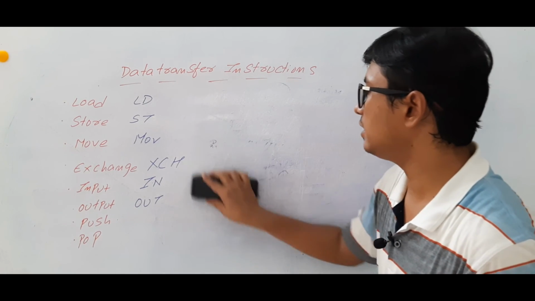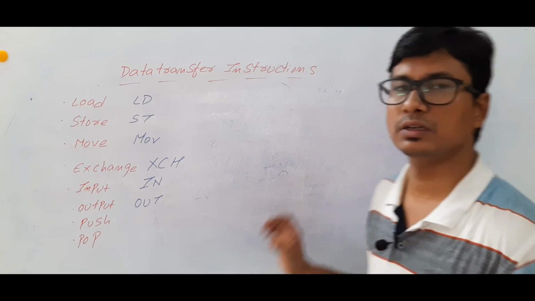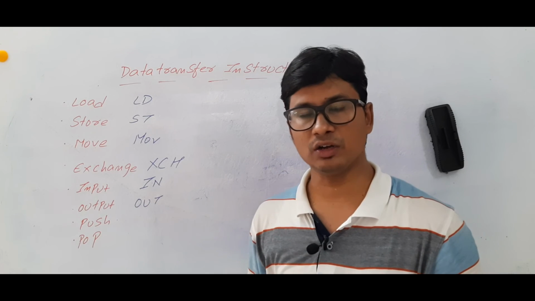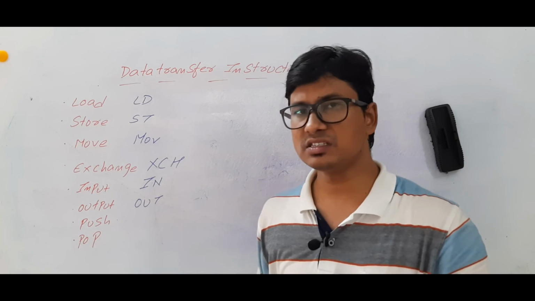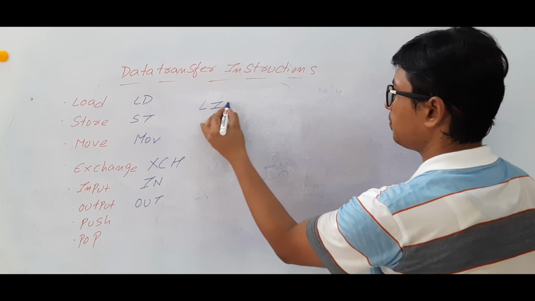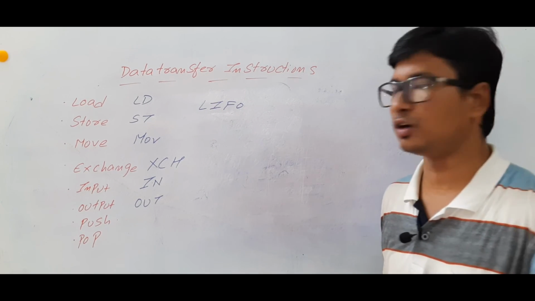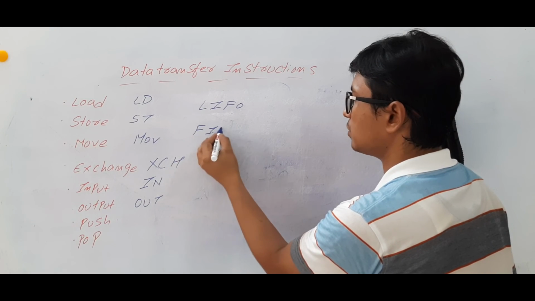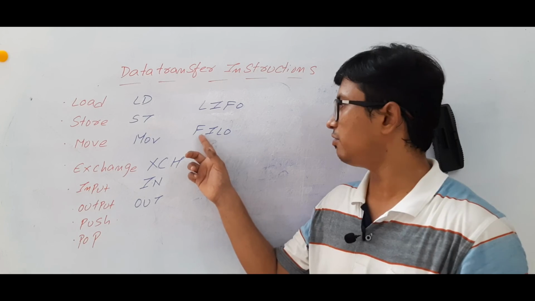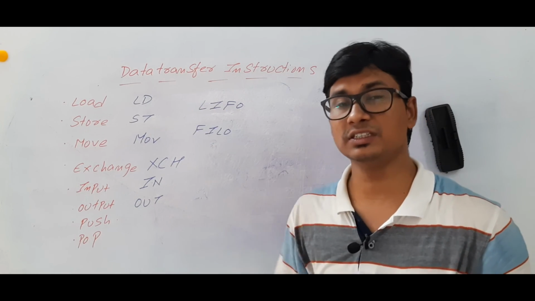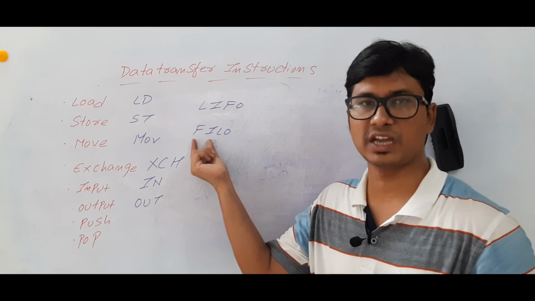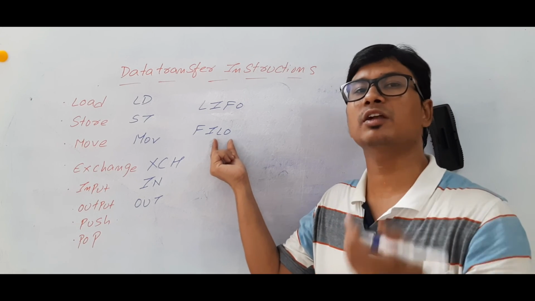Now similarly the push and pop operations. Now you can construct the memory using the stack also. Am I right or wrong? Now what does the stack data structure say? It will execute on the principle of last in first out, or first in last out. What is the meaning? Whatever content you have inserted or pushed into the stack first will be popped at last.